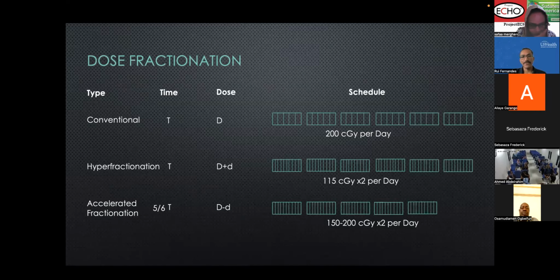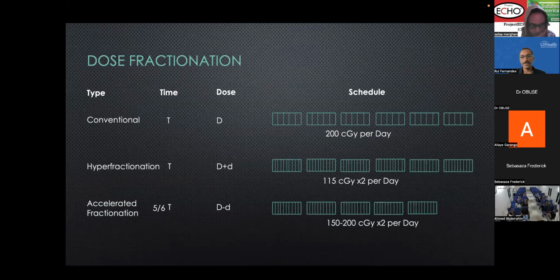If you do hyperfractionation, then you diminish the dosage per fraction, but you increase the time. So it's 115 centigray 2 times per day, and then you have the accelerated fractionation, as you can see here, between 150 to 200 2 times per day. There are multiple ways to deliver the radiotherapy.